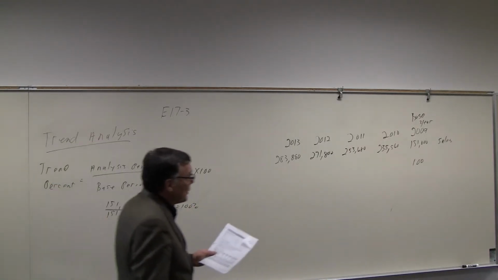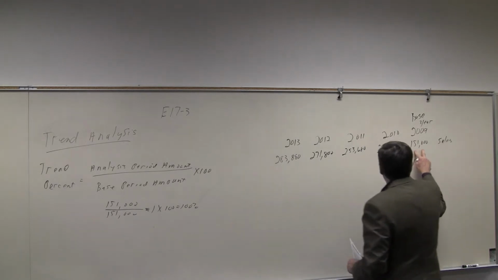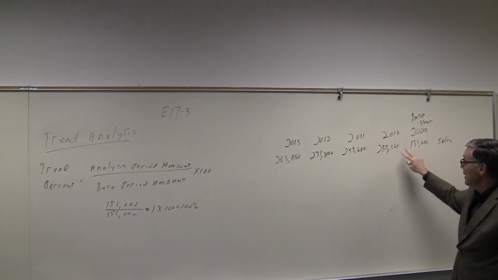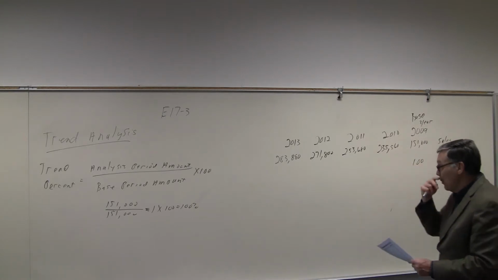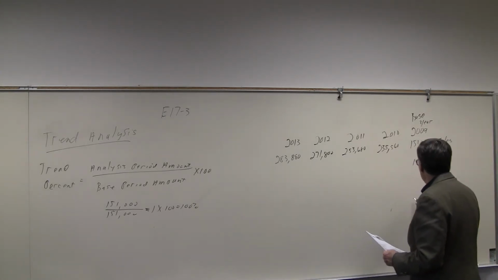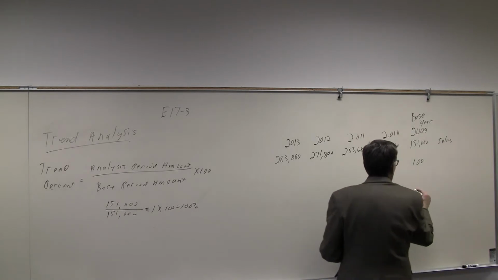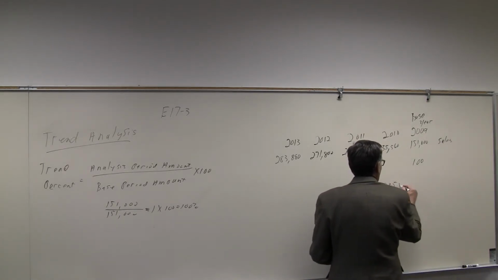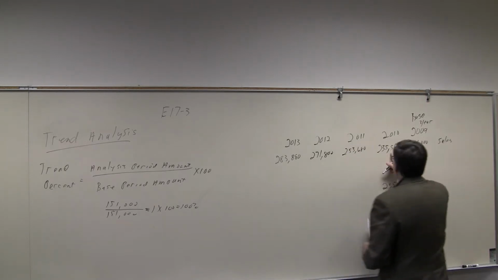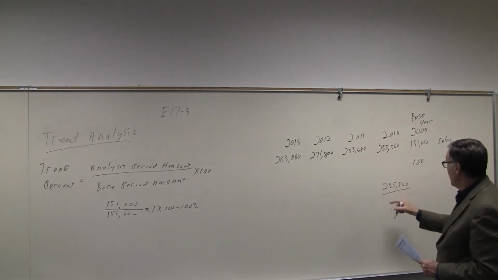Now the next year, again, 151,000 will be the base, but now this will be the numerator, and it will show the amount of change. I'll put it down here because it'll be easy to see how the numbers match together. We have 235,560. That's 2010, that's the numerator.